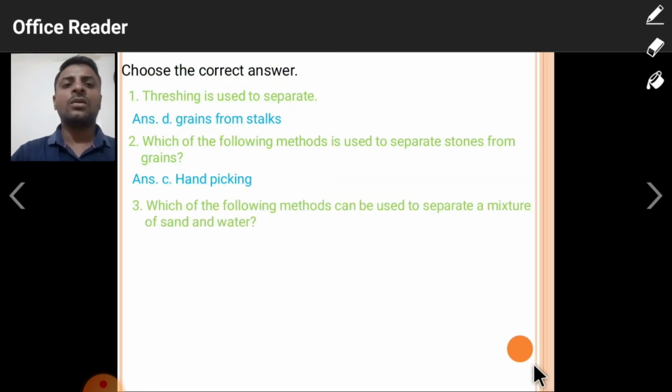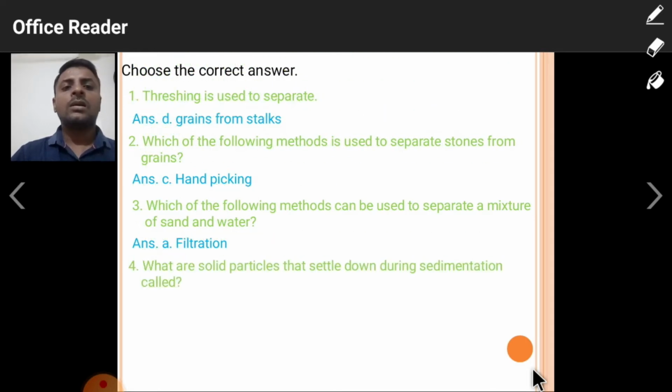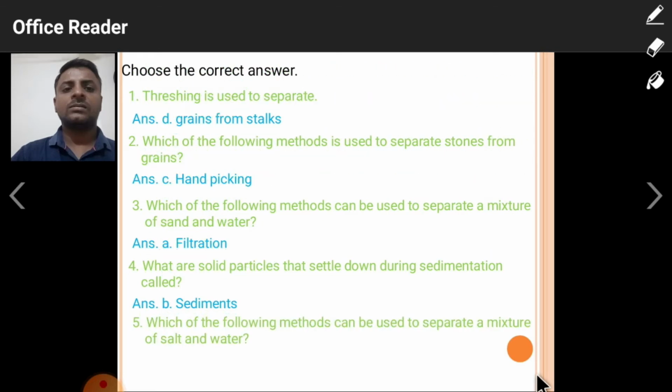Which of the following methods can be used to separate the mixture of sand and water? Filtration. What are solid particles that settle down during sedimentation called? Sediments.